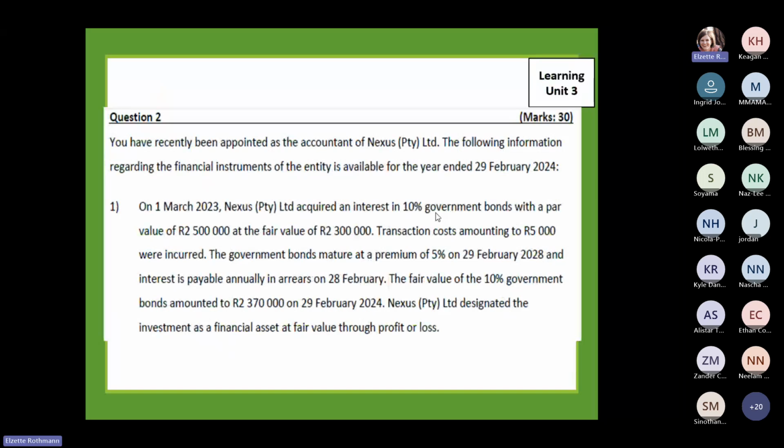So now your present value, because they give you that 2.3 million on the 1st of March, that is your fair value at the beginning. So your present value is 2.3 million.